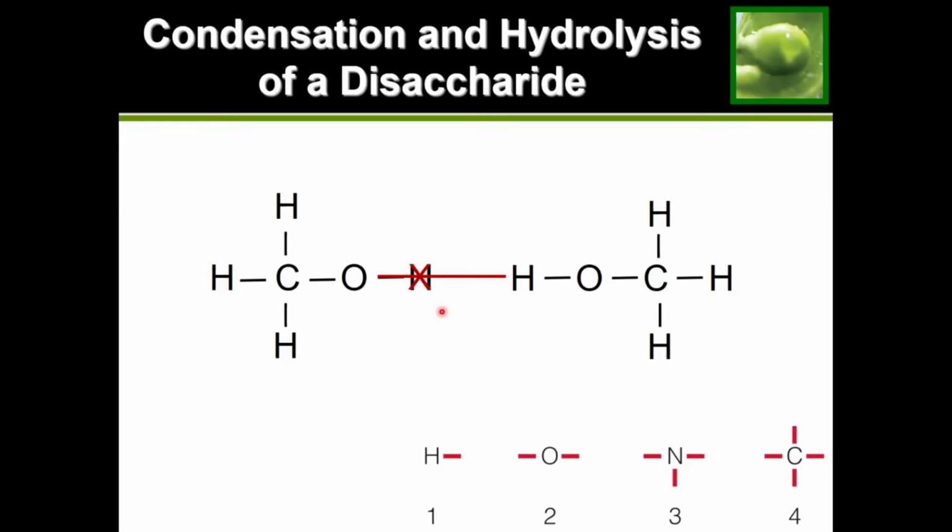Now, the way that the body is going to do this is using a simple process called condensation. Condensation is when we make water. We know water is made out of H2O, 2 hydrogens and an oxygen. So if we were to use the atoms from these structures to make water, we would have to take 2 hydrogens and an oxygen.